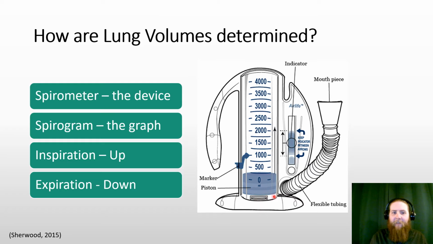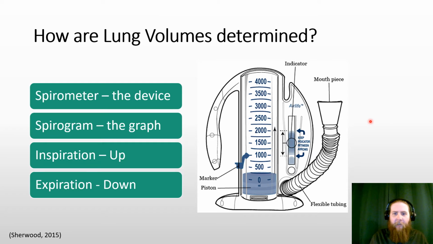What happens is as an individual is going to blow through this mouthpiece, this will raise this up, and as that raises up, this indicator will either fall down or go up to the top here, depending on if the individual is blowing too hard or not hard enough into this mouthpiece.